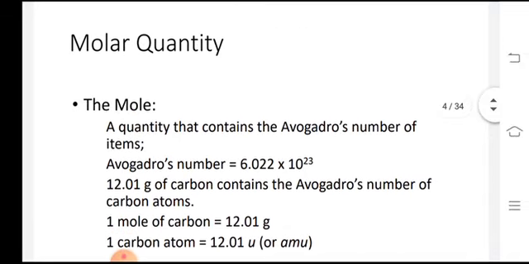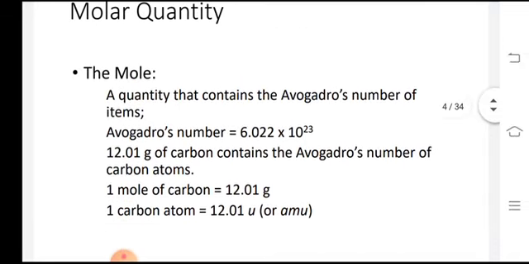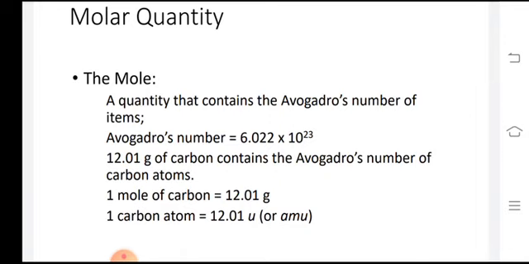Then we have some molar quantities, and I think it's again very well known that Avogadro's number is equal to 6.022 times 10 to the power 23, which is the number present in 1 mole, and 1 mole is equal to one atom, one molecule, one ion, one compound, or one radical.